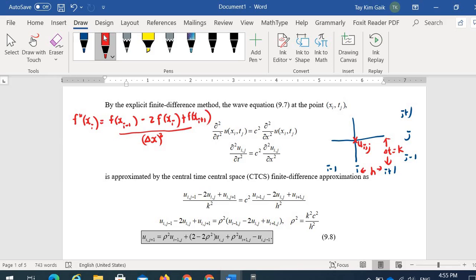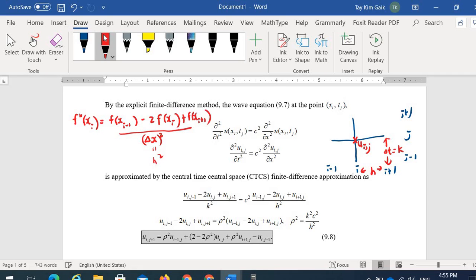Exactly, if you want to find the second derivative f double prime of x at the point x_i, the center point x_i has minus 2 times, and then the left point 1 time, the right point 1 time, divided by delta x, which is h squared.